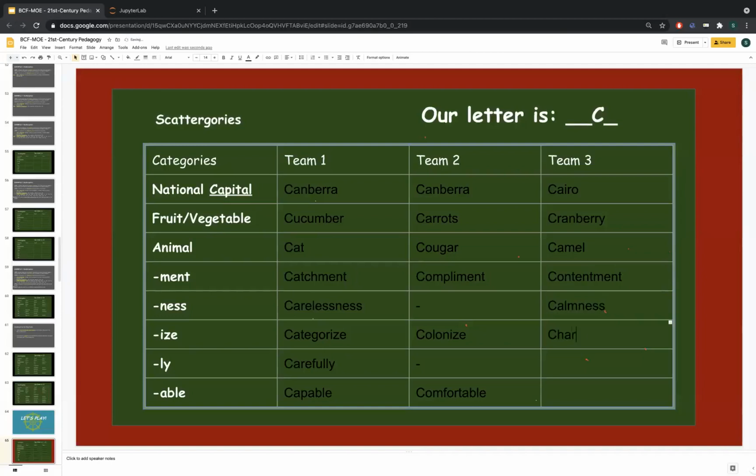Characterize. Wonderful choice. LY. Clearly. Clearly. And finally, an ubble word. Commendable. Commendable. Beautiful. Thank you so much, Lundup. Welcome, great sir.